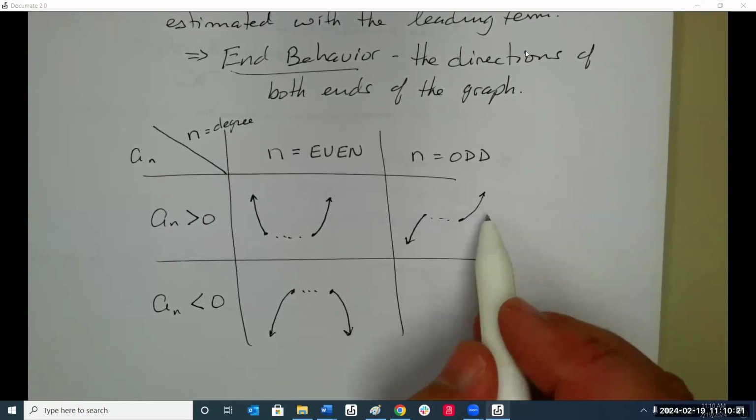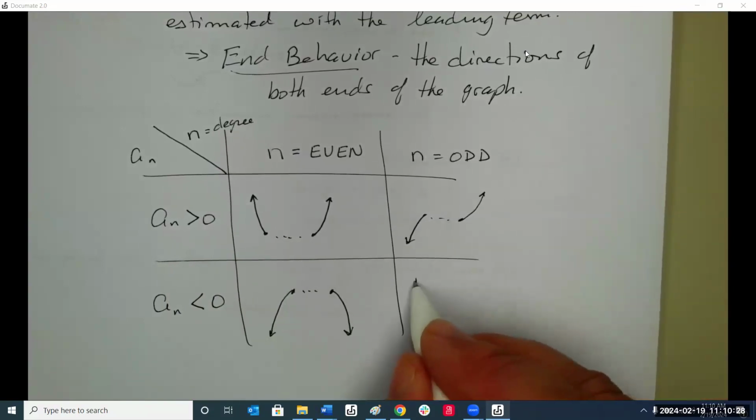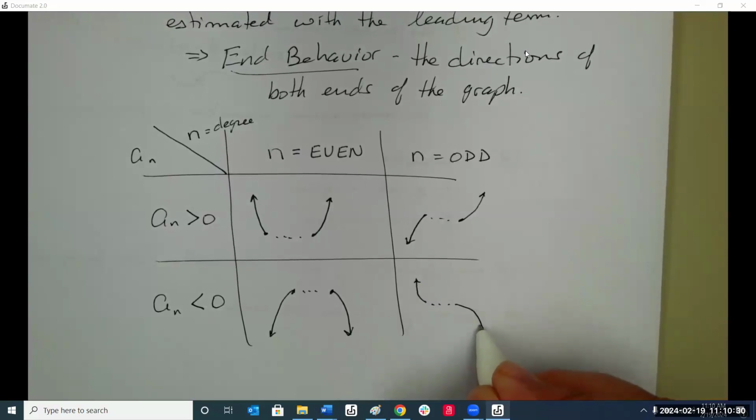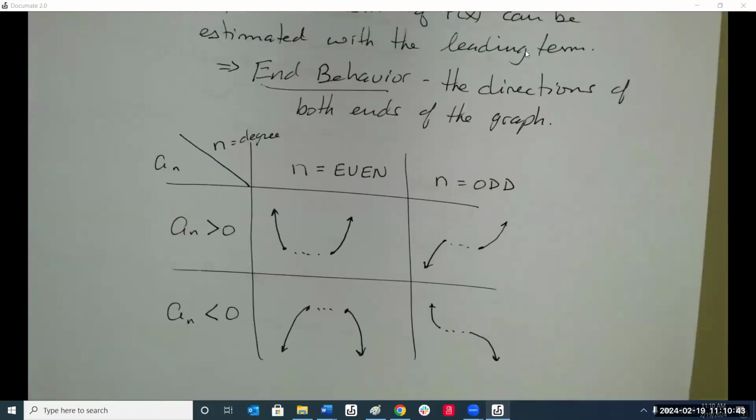It's an increasing function because a is positive. It will be going up to the right. And if a is negative, it's a decreasing function. So this will give us the basic shape of the graph just by looking at the leading term.